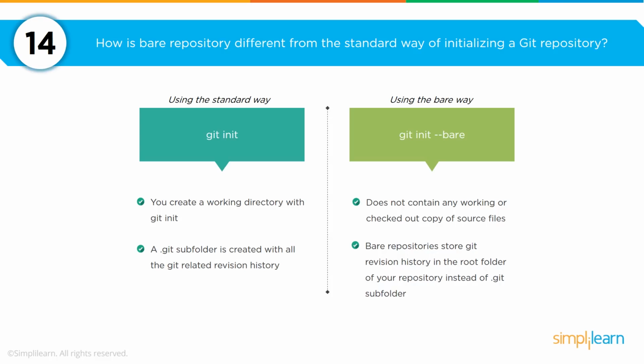In contrast, the bare way uses a different command for setting that up: git init --bare. It does not contain any working or checked out source files locally on your machine. In addition, the revision history is stored in the root folder, versus a subfolder that you would have with the normal git init initialization.